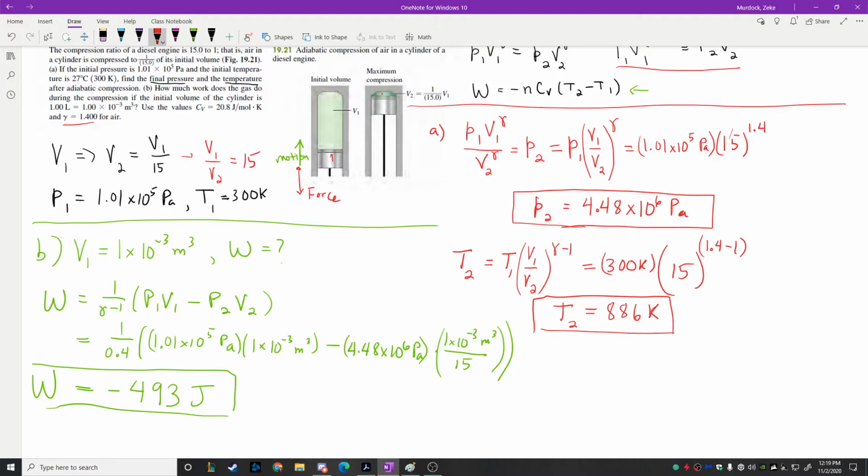The other way to say it, as Barron says, is that the outside is doing work on the system. That's right. It's the surroundings that are compressing the gas. So the gas is doing negative work, while this force may be doing some type of positive work. Not force, sorry. The force here is the force of the gas. The force of the piston would do positive work, but this is the work done by the gas, which is negative.